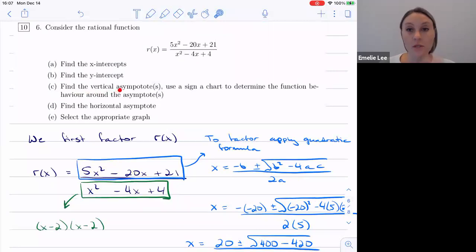Find the vertical asymptotes, potentially more than one. Use a sign chart to determine the function behavior around those asymptotes. Okay, so remember the vertical asymptotes are where the denominator is 0. We can't divide by 0, so that's where we get these asymptotes from. And then we use the sign chart to figure out what's going on with this thing.